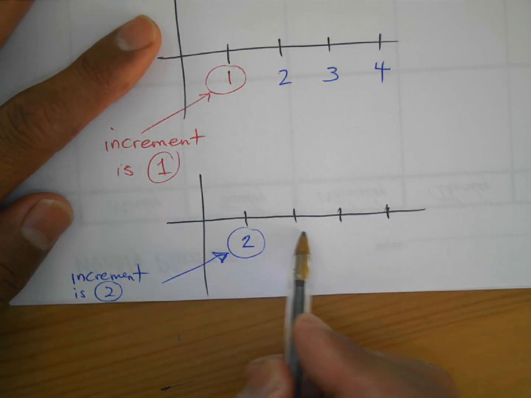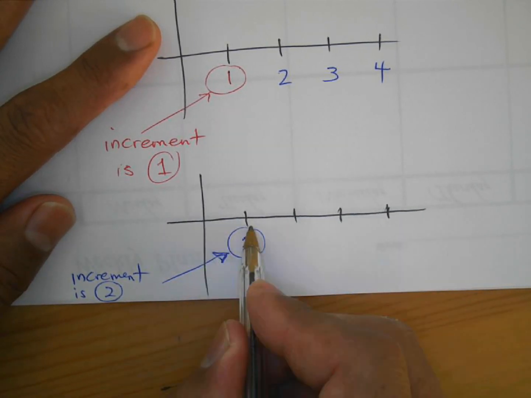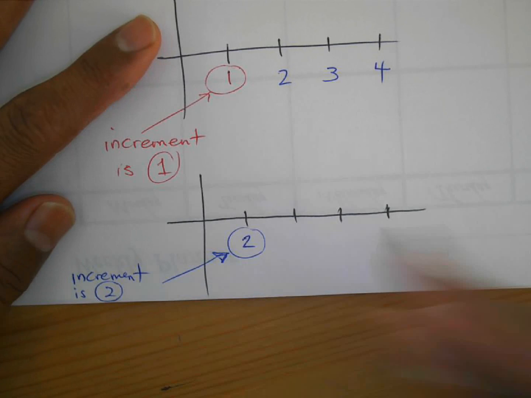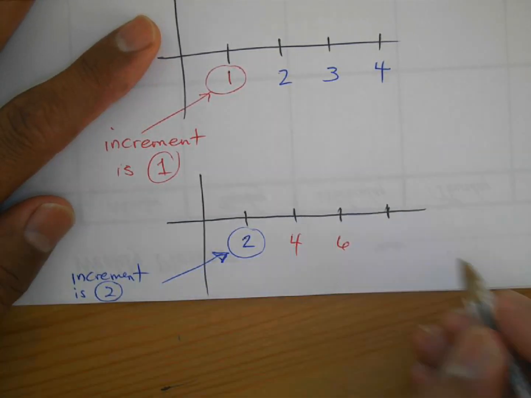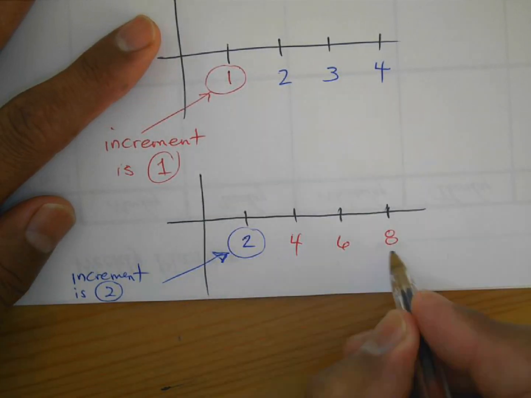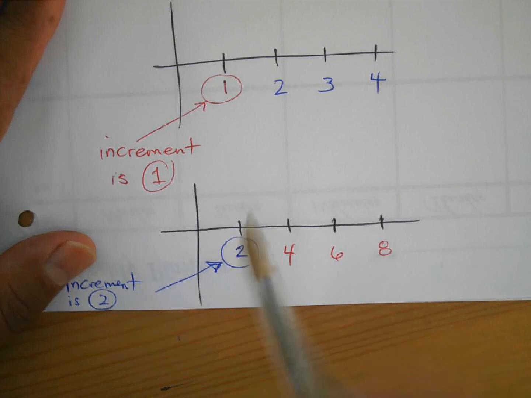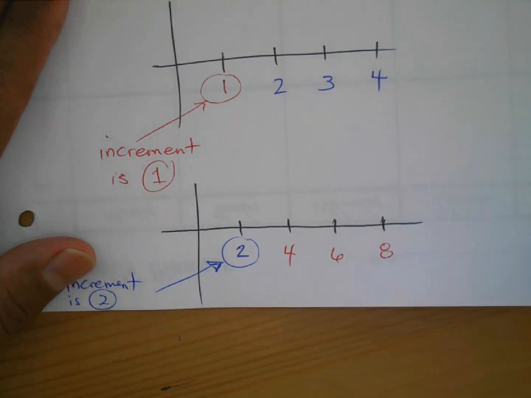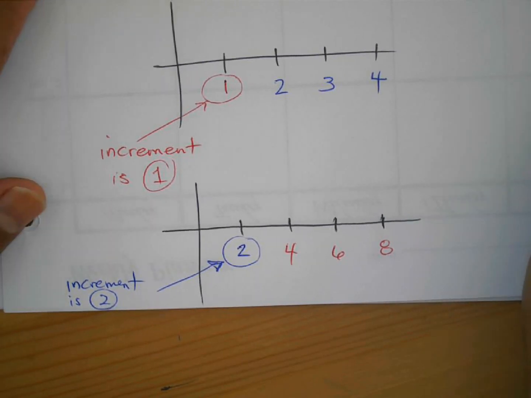Does that mean this is 2, 3, 4, 5? No, that's wrong. You can't be 2, 3, 4, 5. You're counting by 2s. 2, add another 2, that's 4. Add another 2, that's 6. Add another 2, that's 8, right? You're counting by 2s, right? Here we counted by 1s because the increment was 1. Here we're counting by 2s. All right, simple enough, right? Don't worry, it's going to get more complicated.